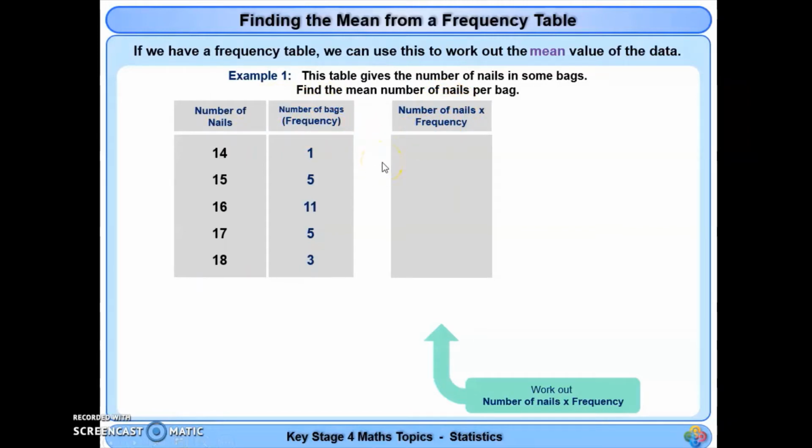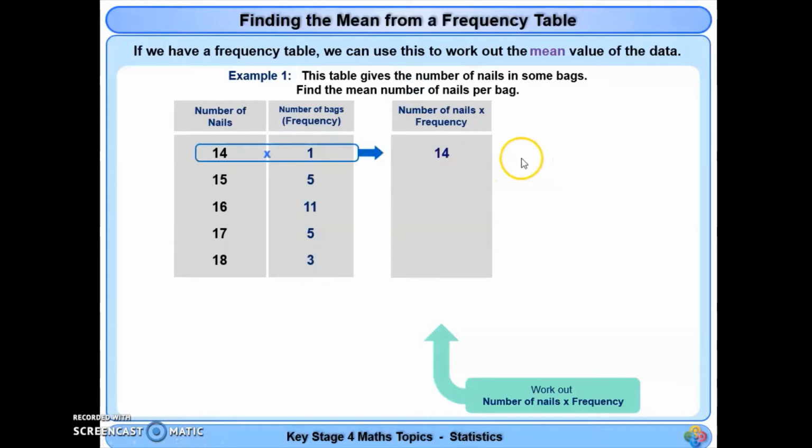So we're going to go ahead and work out the values to put in the third column by multiplying the number of nails by how many bags contained. So that's going to tell us, when we find the total, how many nails altogether in all of the bags.